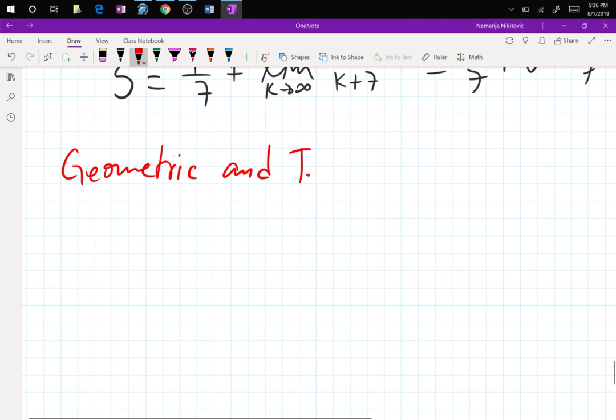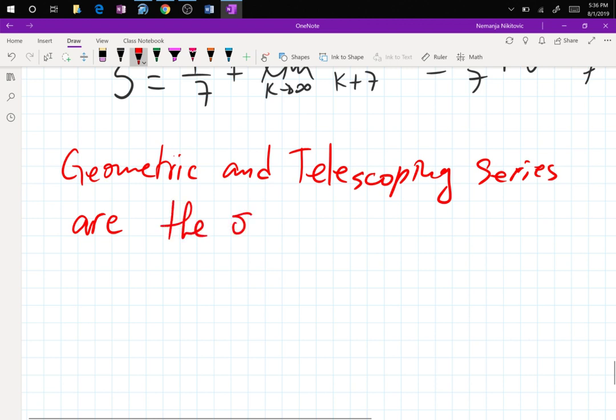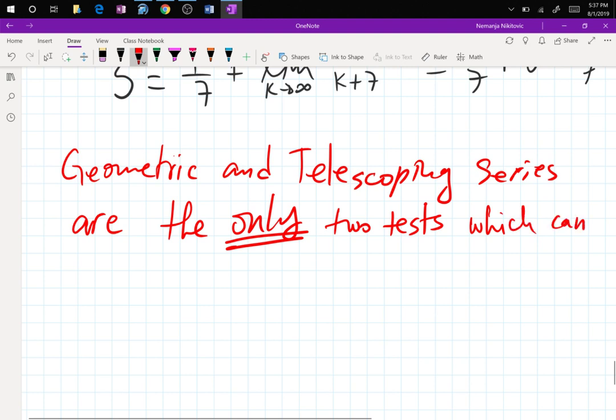But we need to write here: geometric and telescoping series are the only 2 tests which can tell which value the series converges to.